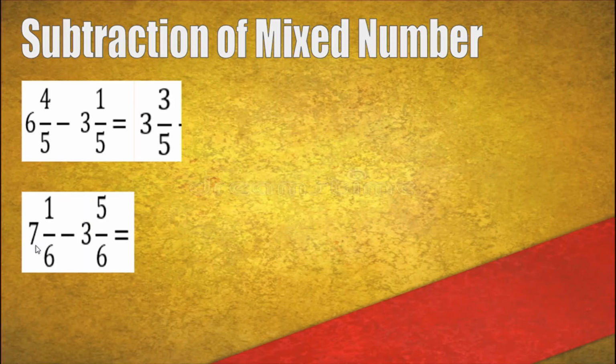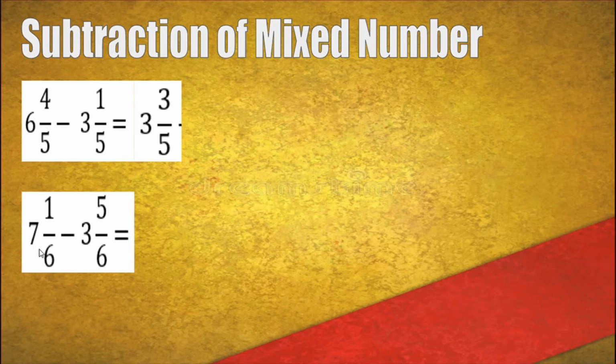Do you still know how to convert a mixed number into an improper fraction? It's very easy. All we have to do is multiply 6 times 7 and then add our numerator.